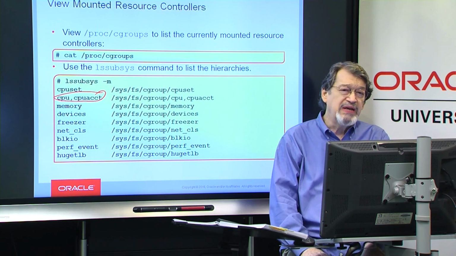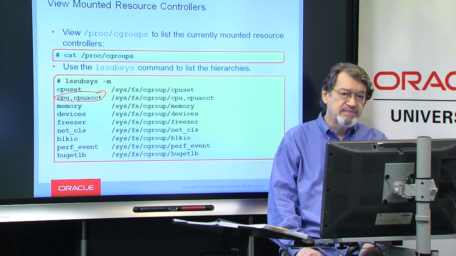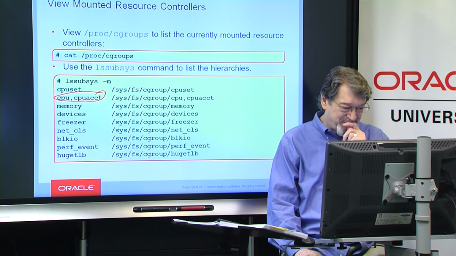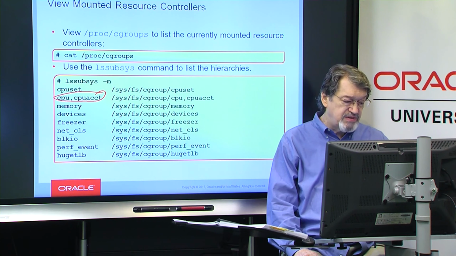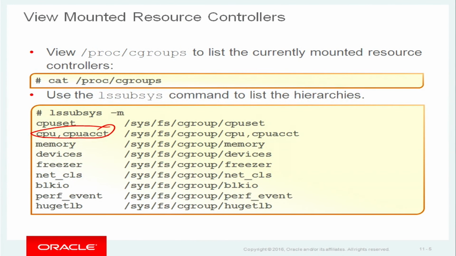All right, and those are really lightweight containers, have much less of a footprint. That's a pretty exciting lecture, but I don't want to give it all away, all right? So I'll stop talking about it. The netcls, the block I/O, perf events, and huge tables. So it's not hard for you to build your own hierarchy. And then when you do the list subsystem command, it shows you what that hierarchy is.